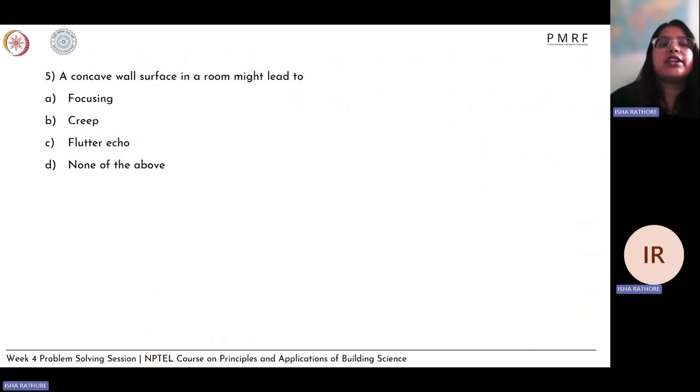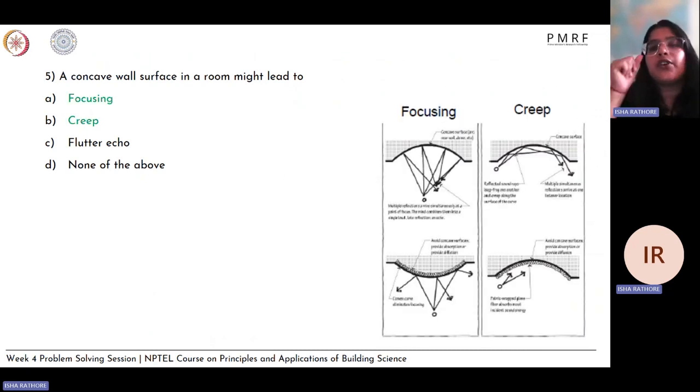A concave wall is responsible for focusing, where many different rays get focused on a particular point, and creep, where the rays keep getting deflected and do not reach the audience. So A and B are both possible through a concave wall.